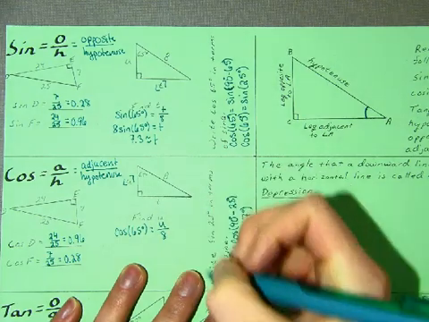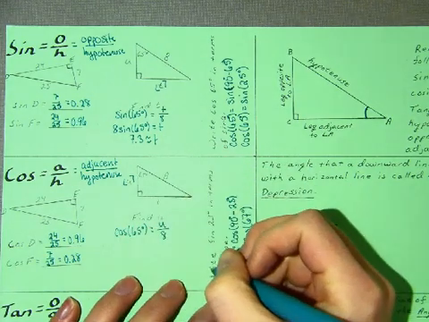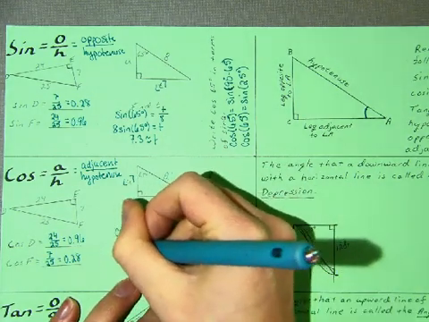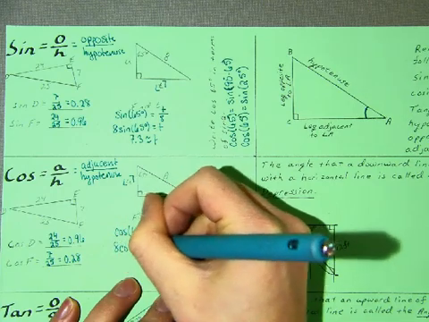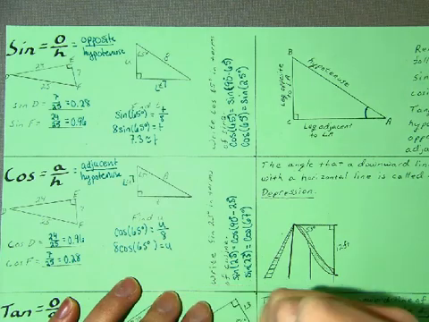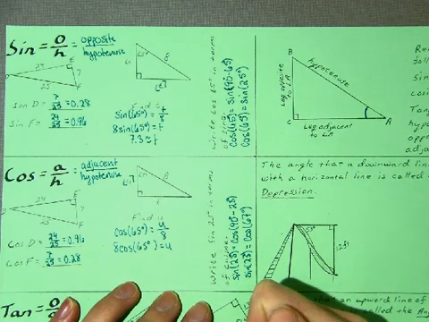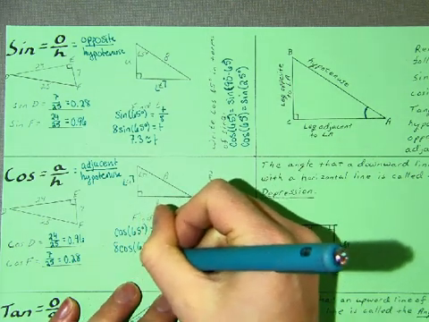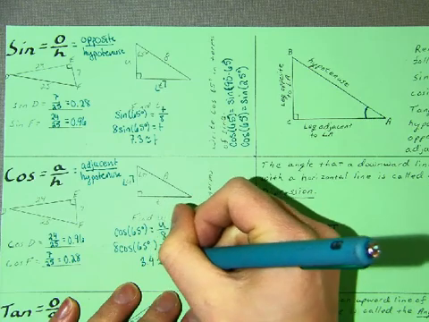So same thing, we're just going to multiply both sides by 8. That gives us 8 times the cosine of 65 degrees equals u. And I'm just going to plug that into my calculator, and that's going to give me approximately 3.4.